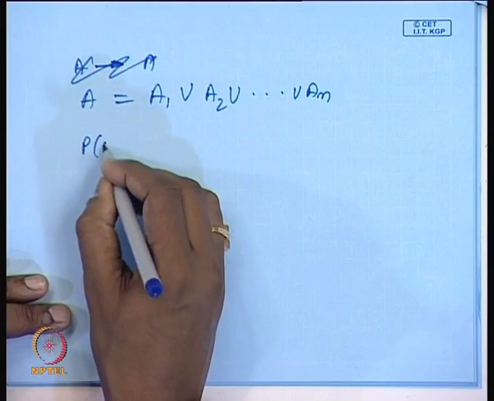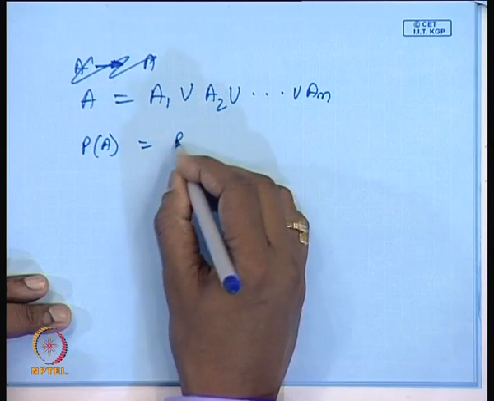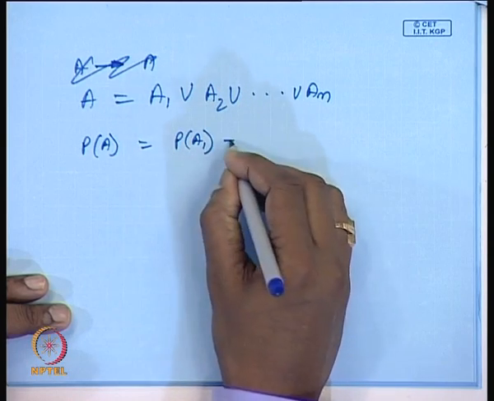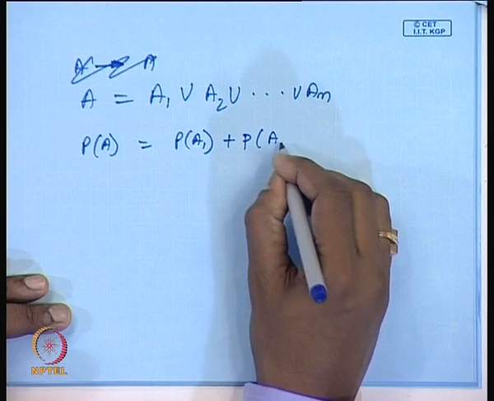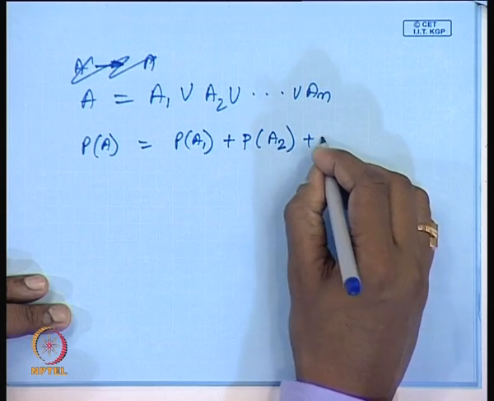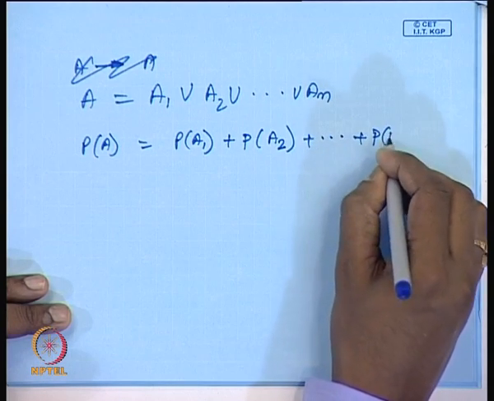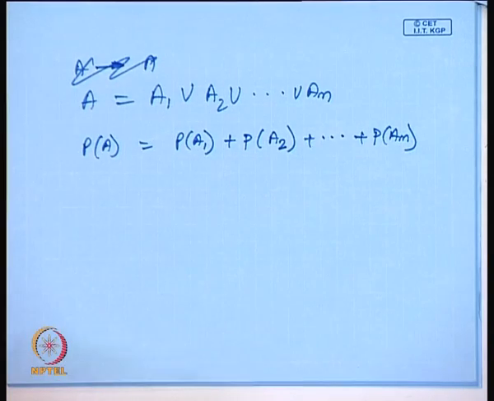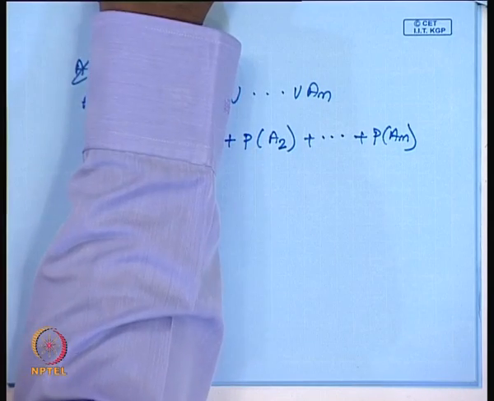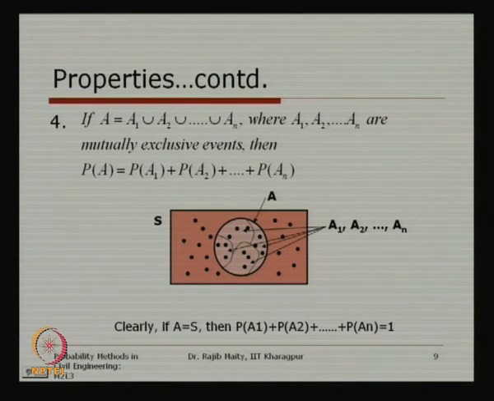Then obviously the probability of A should be equal to the probability of A1 plus the probability of A2, and in this way it will go up to the probability of AN, which is shown in this diagram. If these are partitions in such a way that these are mutually exclusive events, then the probability of A should be equal to the summation of their individual probabilities.